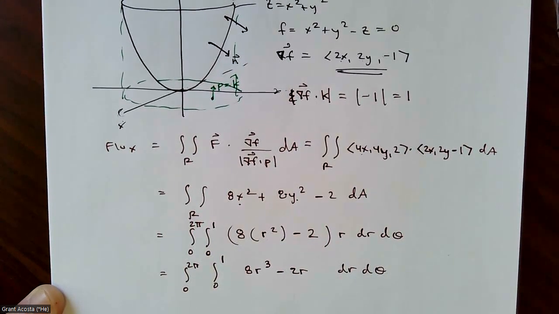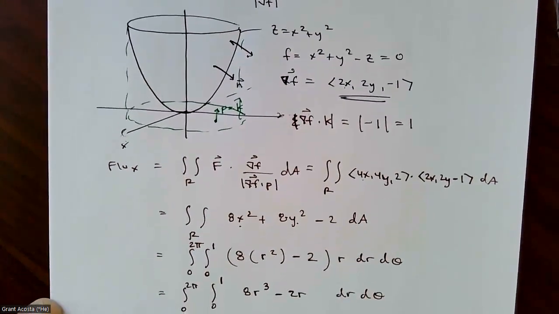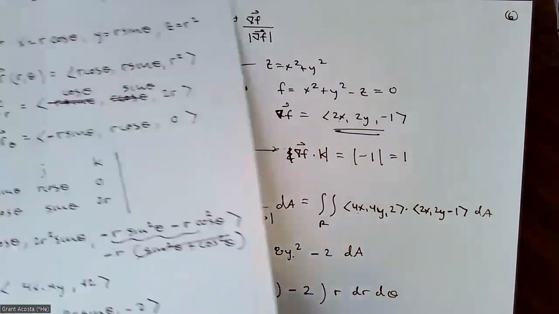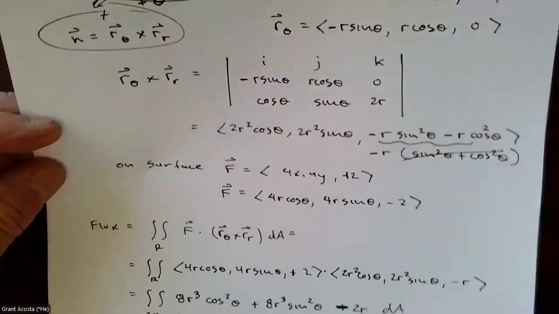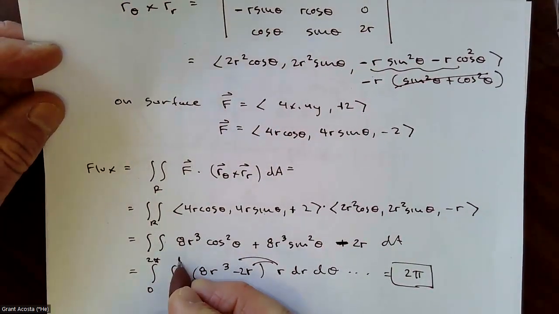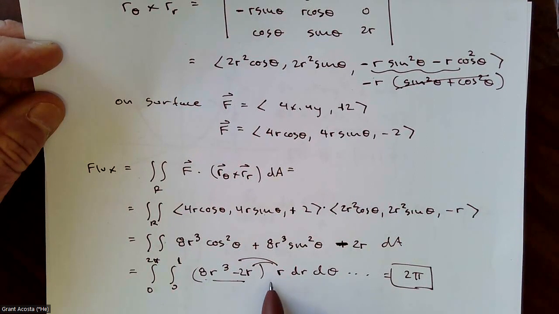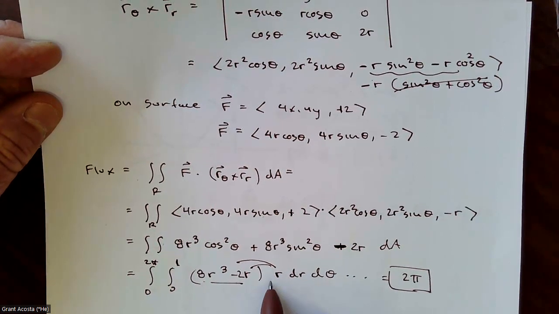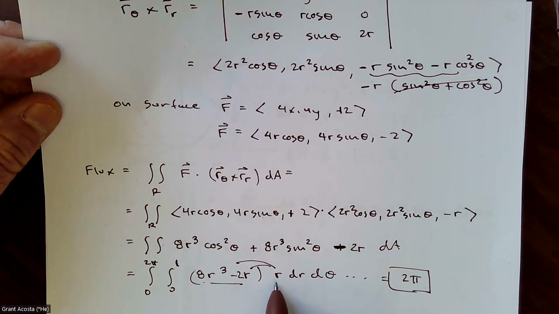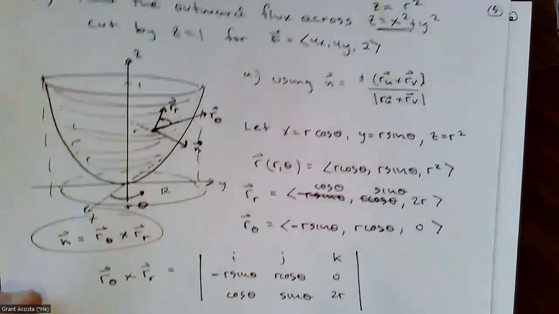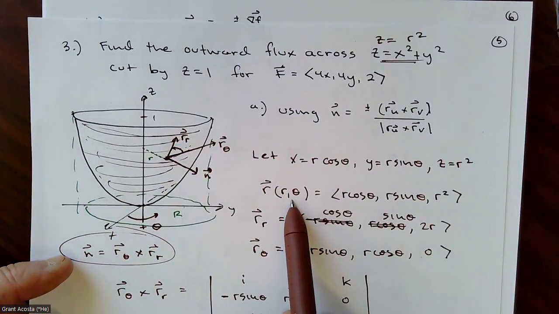Now we're doing the same problem that we just did with the other technique, the parameterization technique. So I should be getting the same answer, but notice I'm not. I got this part, but there was an extra r here. And so this is a good reminder, both for me and for you, that the mistake I made here was when you're doing the parameterization technique.